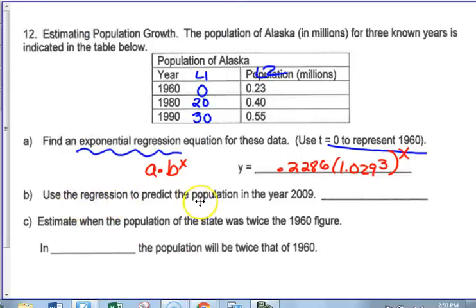Use the regression to predict the population in the year 2009. If we did minus 1960, we'd have what, 49 years? So we're going to put that in for X. So we're going to type 0.2286 times 1.0293 to the 49.